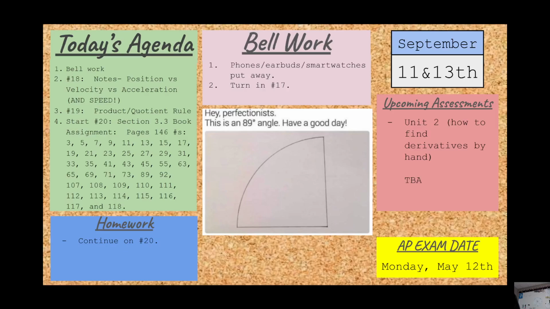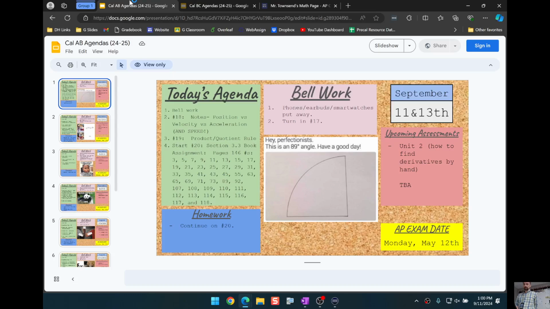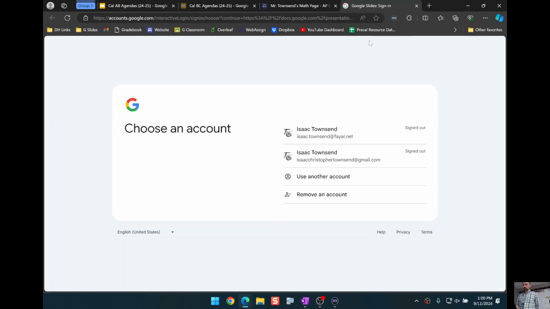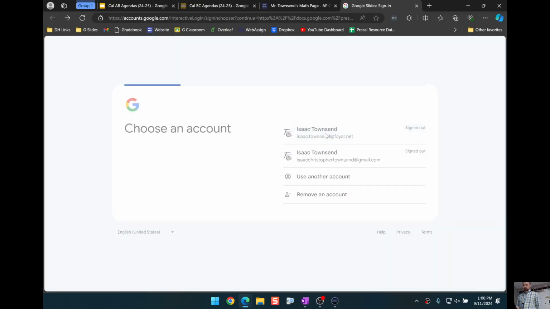Okay, and then I saved a couple minutes, of course, for our daily puzzle. I need a better system so I can keep up with which ones you guys have done, but let me see if I can find it real quick.